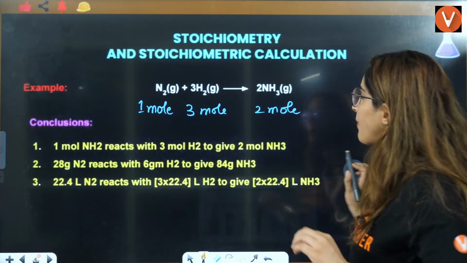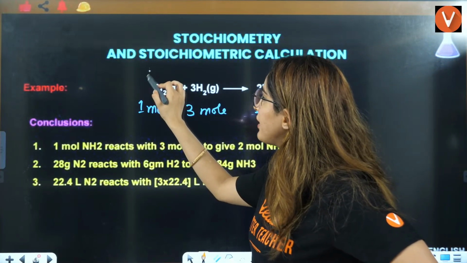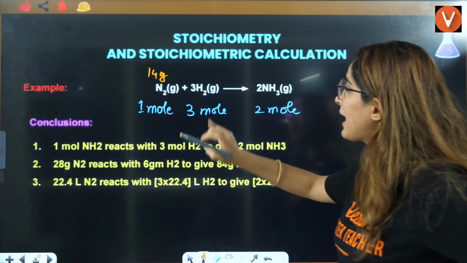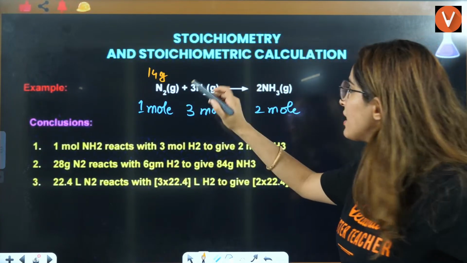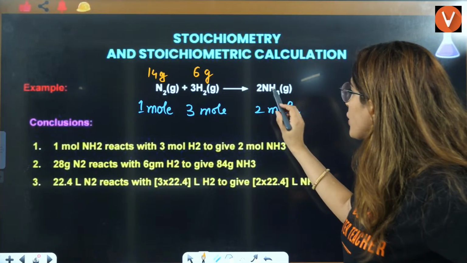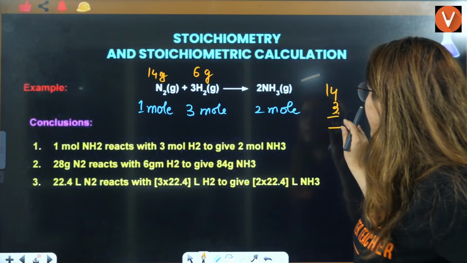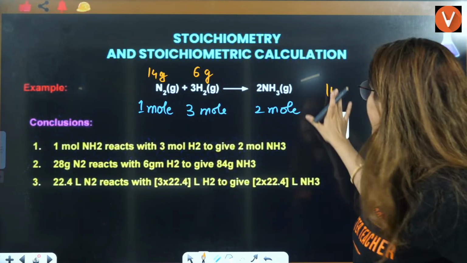Whenever I talk about the mass here, this will be the molar mass of N2, and for H2 the molar mass is 2. It reacts with 6 gram of H2. It gives you nitrogen 14 plus 3, 14, 15, 16, 17.